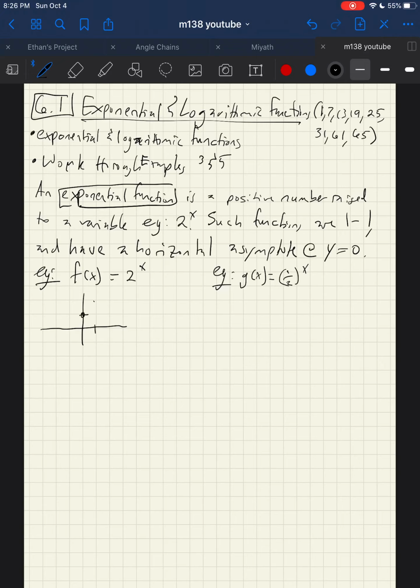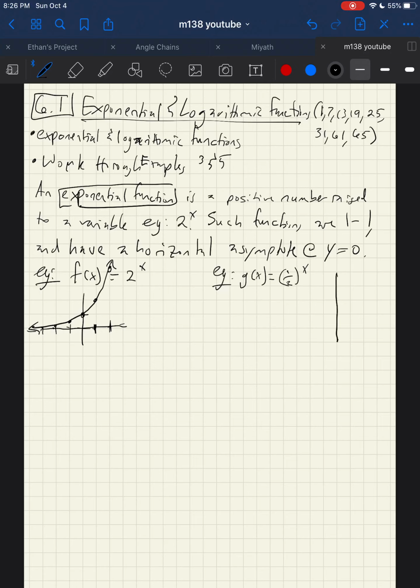At 0 we've got 1. At 1 here we've got 2, and then already at 2 we're way up here at 4. At -1, that's 1 over 2, which is 1/2. -2, we're at 1/4. -3, 1/8. What we've got is this thing that goes up really steeply after we pass that value, and it is approaching the line y equals 0, but never touches it.